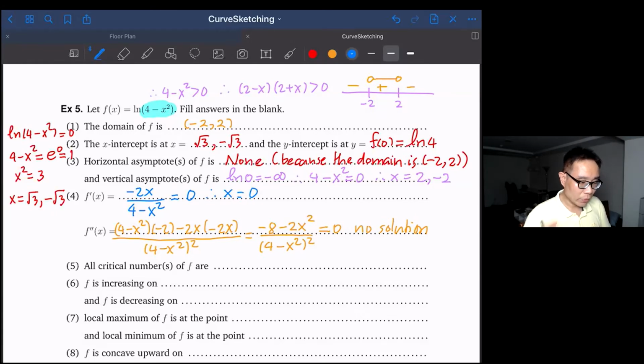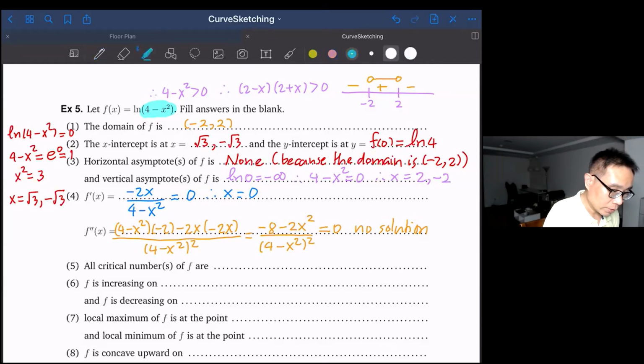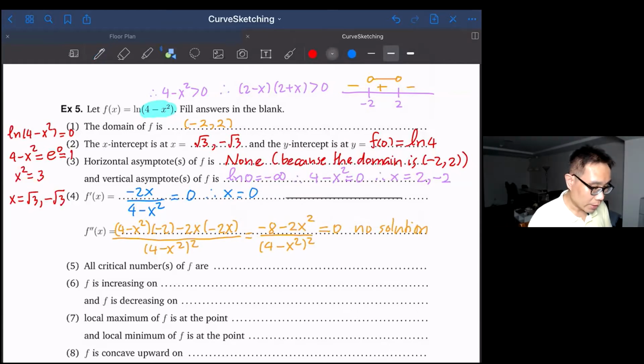And you see that you're not going to go outside negative 2 and 2. So when you draw the real number line, as we have done before, you draw this one, and you see that you're going to have minus 2 and 2. Okay. And you see that you're going to find the sign of f prime.